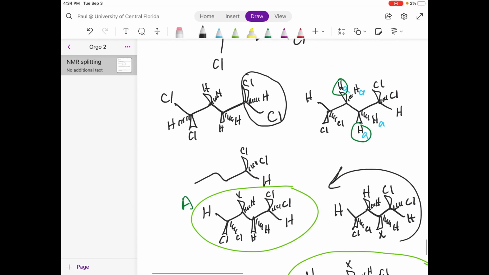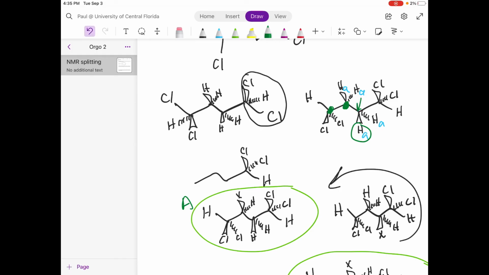Okay, so now that we've double checked and triple checked that those are homotopic, we can come back here and say, okay, now what's the splitting pattern? So HA is attached to this carbon. What's the adjacent carbon? This guy. Why not this one? Because it's equivalent.